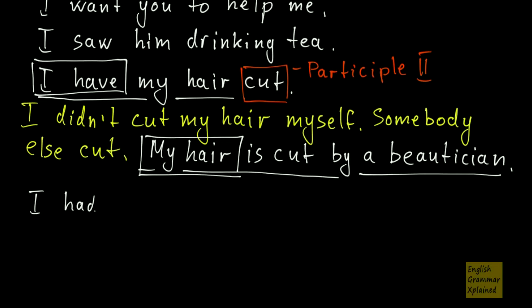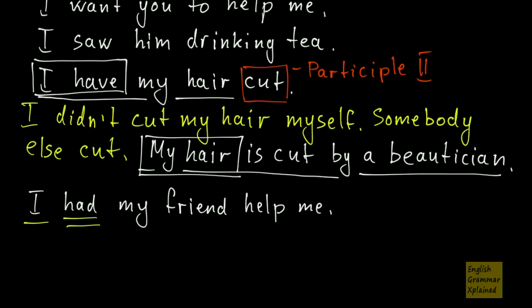I had my friends help me. So what do we have here? We have a subject, we have the main verb, and this is my first object here, so-called.